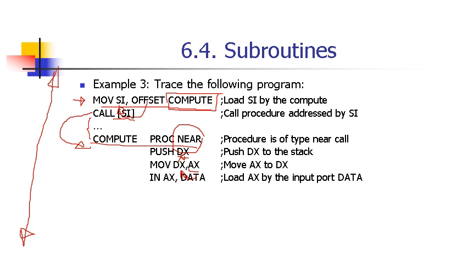Okay, you're trying to get some data from an outside port, a port named data. You're getting 16 bits from this port called data inside your system by storing the value inside your AX. So we are reading 16 bits from a port named data. Good.